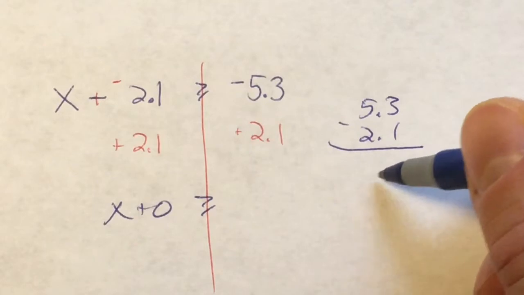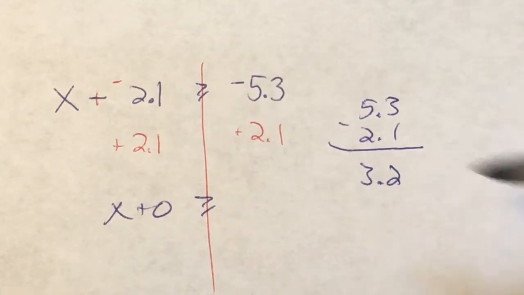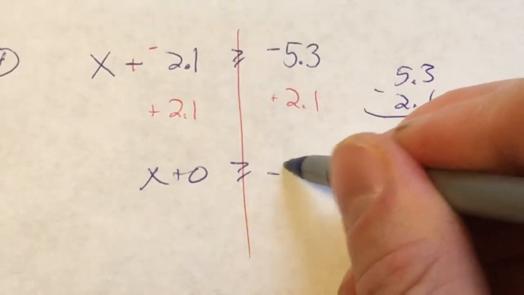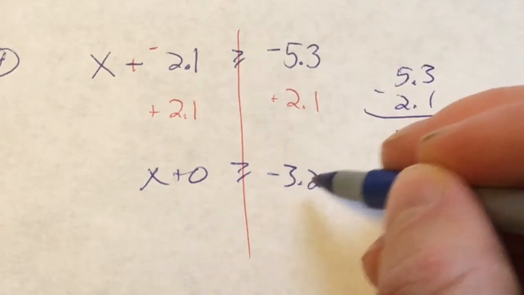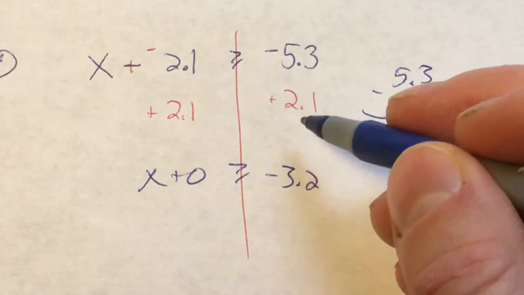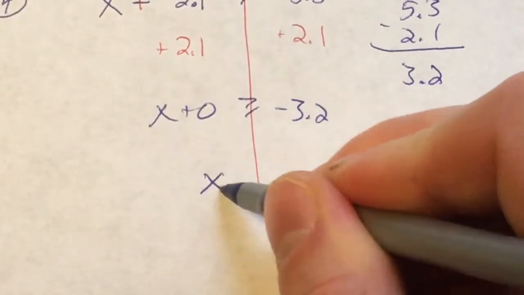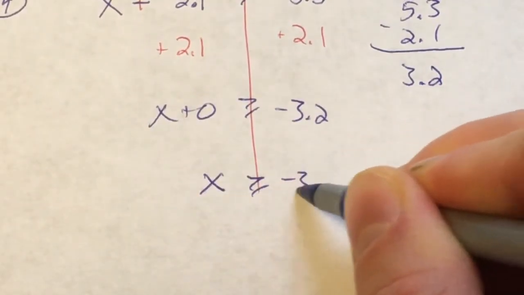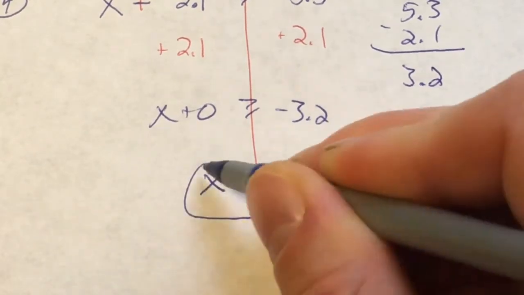There's more negatives, so it should come out to be negative 3.2. There's more negatives, so I'm still negative. I'm just not as negative as I used to be because I added 2.1 to it. So x is greater than or equal to negative 3.2.